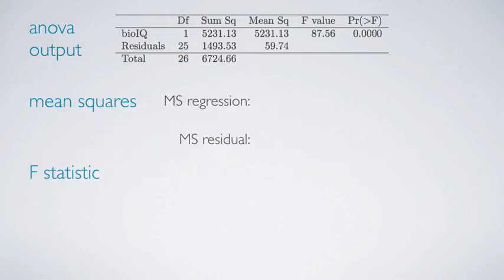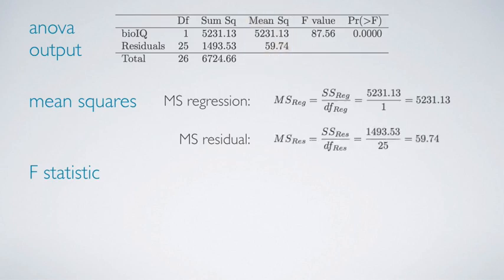In the next step, we want to have a measure of the average variability that we call mean square. And remember that to get to mean square, we take the sum of squares and divide them by the associated degrees of freedom. So the mean square regression is simply the sum of squares regression divided by the degrees of freedom of regression.